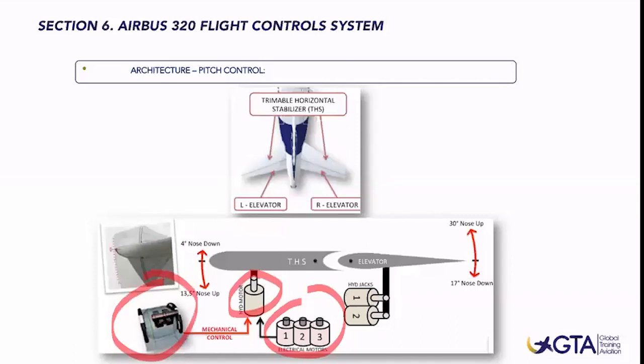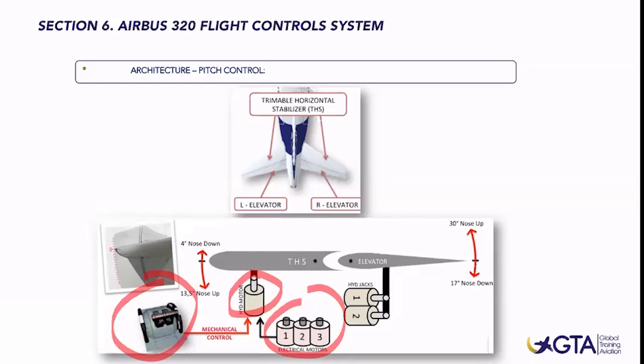Usually, during ground operation, we'll set our trim wheel position, our THS, according to our center of gravity and our gross weight. We'll set a fixed setting on the trim wheels before takeoff.